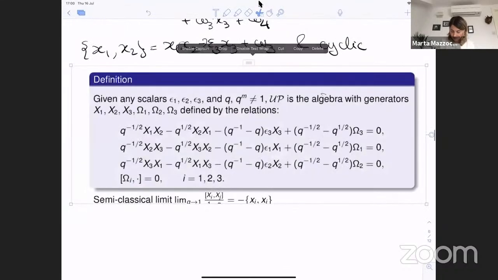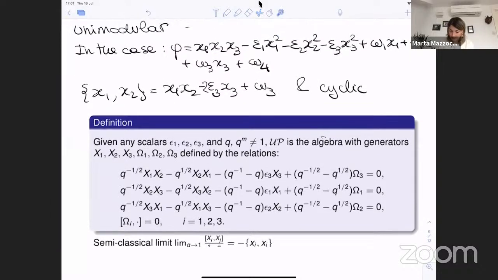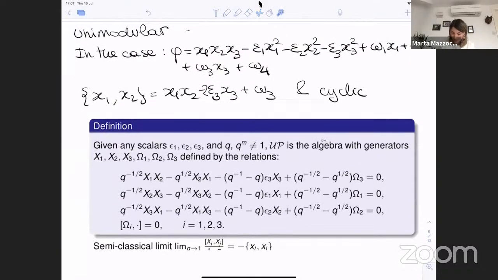Okay, all right. So let me give you this definition, and then I will try to convince you that it's the right object. We take the scalars epsilon1, epsilon2, epsilon3, thank you, Anton. We take Q, which is a generic number, not a root of unity, and we define the universal Pandey algebra as the algebra which has now 6 generators.